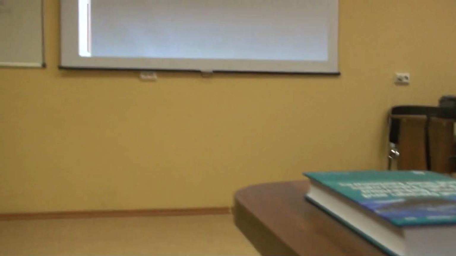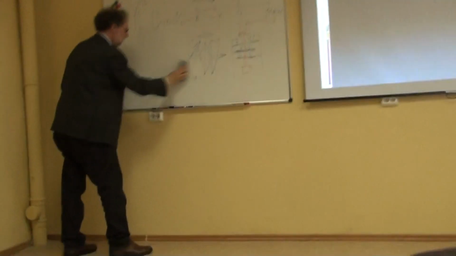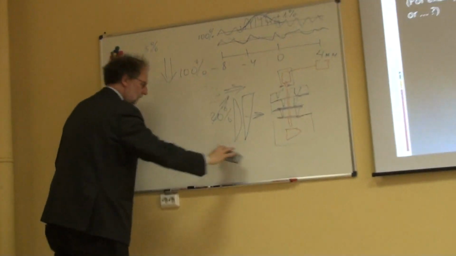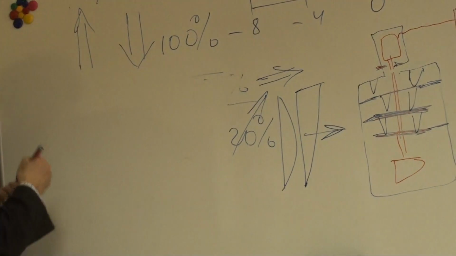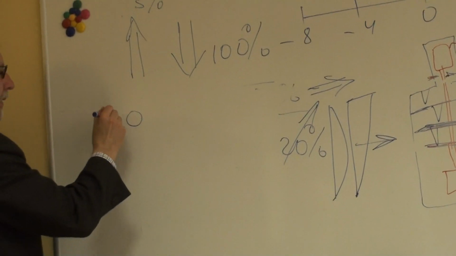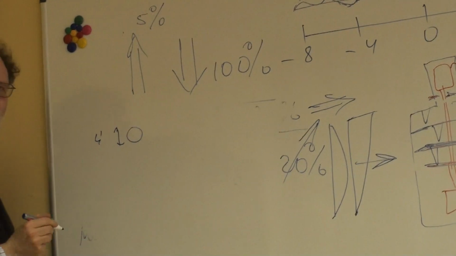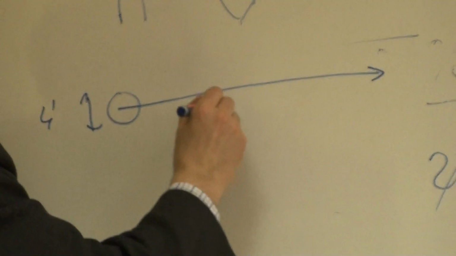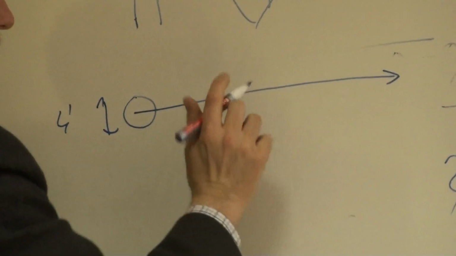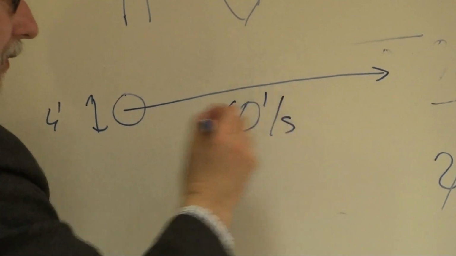So this is our beam, and it is about 4 minutes. This will move on the sky at the speed of 60 minutes per second.